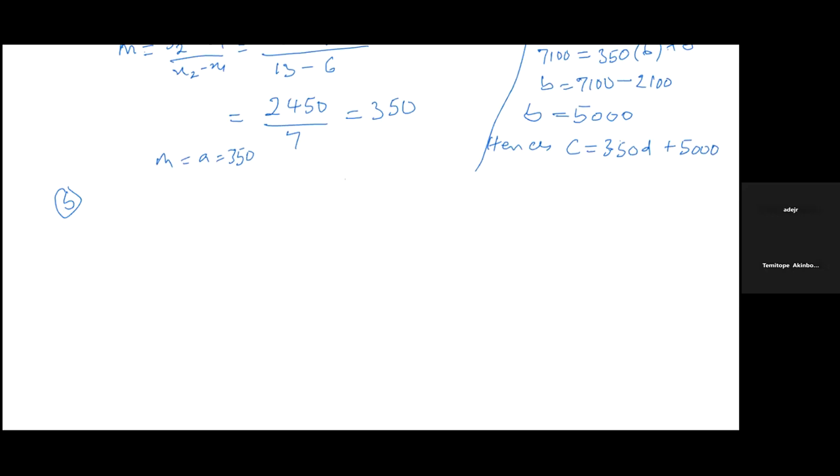Then let's look at the language used in the question. You are correct, but let's look at the question. You were told that a website designer charges a flat fee, and then a daily rate.